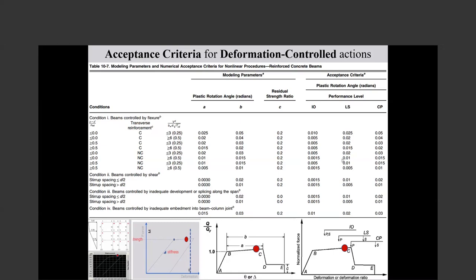But other codes follow one of these. So they don't have this information. What is this information? It says that life safety is, for example, when the plastic rotation is this much for this case. So it gives you some numbers. But because they don't provide this acceptance criteria, they go like this.